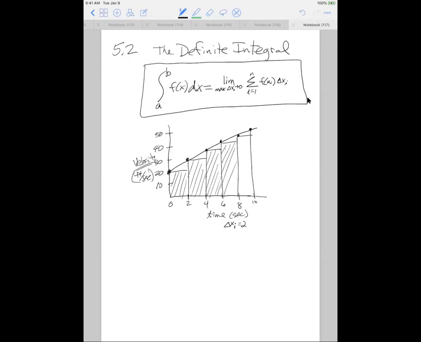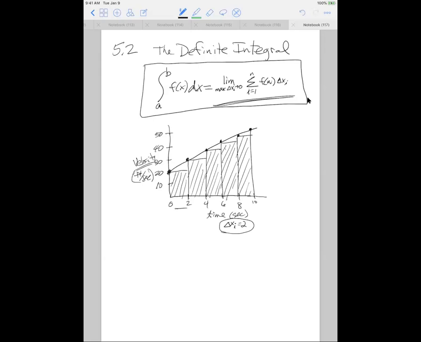But the idea of adding these up has to do with this notation up here. It says the limit as the max delta x sub i goes to 0. In our situation, for this problem, our change in x is 2 seconds every time.